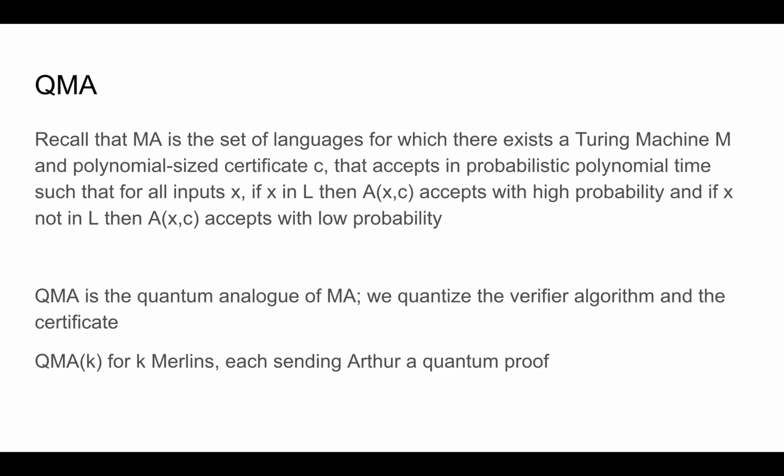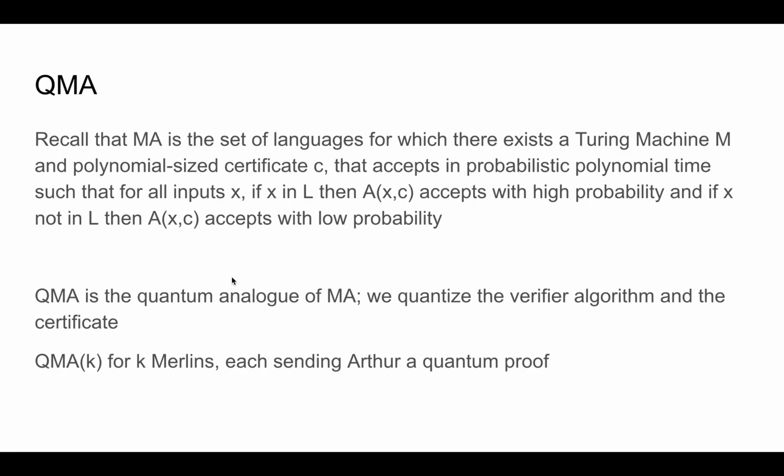The prover has unbounded computational power, and is supposed to convince the verifier of the proof at hand. So MA is a set of languages for which you have a Turing machine M and a polynomial size certificate C. If x is in L, M(x, C) accepts with high probability, which we can define arbitrarily as 2/3 or whatever. And if x is not in L, it accepts with low probability.